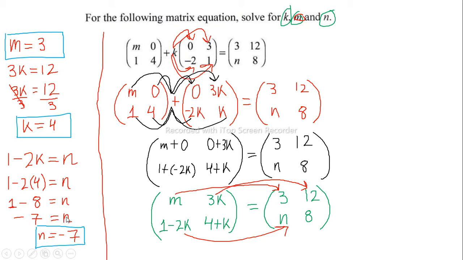So n is equal to -7. That's how we got n is equal to -7. We first had to use the idea that if these two matrices are equal, this entry must equal that entry. So that's important.